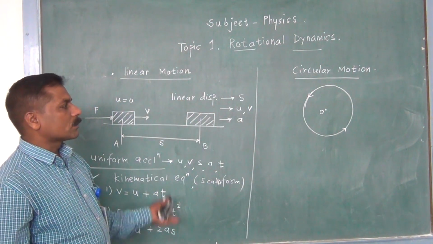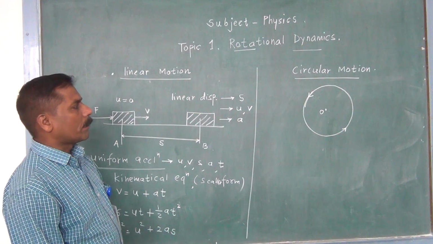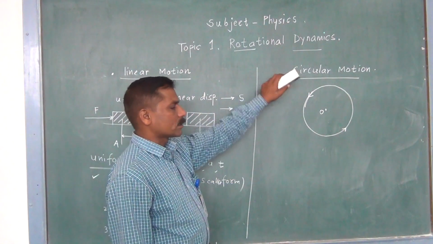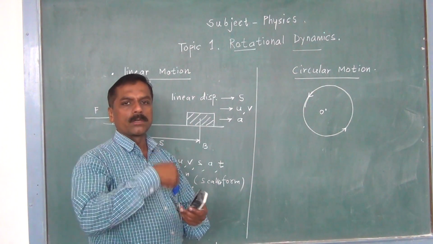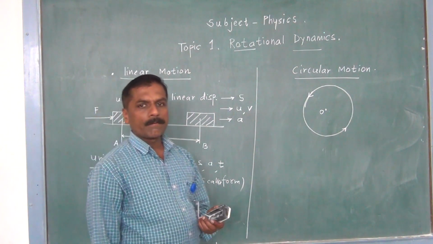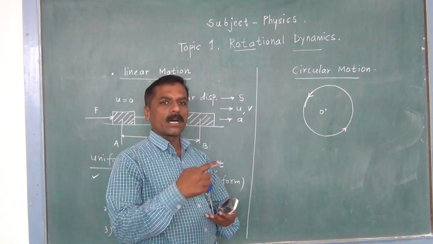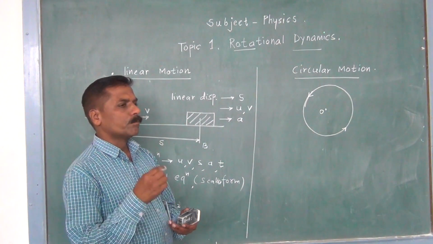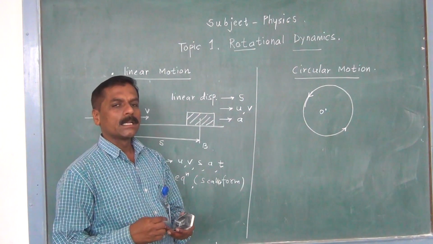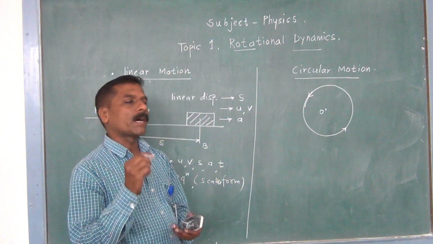Around us we have seen a number of examples in which you can observe the circular motion. For example, motion of the moon around the earth, motion of the planetary system around the sun, in which we can consider the moon or all the planets as a single particle.